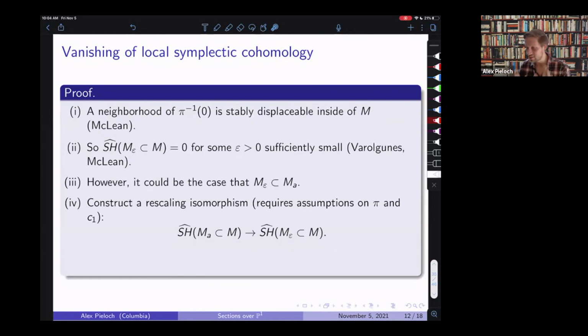In general, this rescaling doesn't behave nicely with respect to the completions needed to define this local symplectic cohomology. And so these additional assumptions that we required on our space M-bar come into play. To say one word, I use the vanishing of the first Chern class to get a grading on Floer cochains, and I use this as a technical crutch.